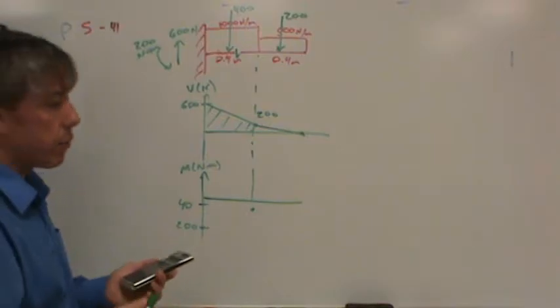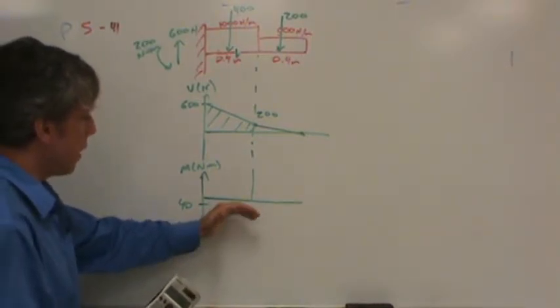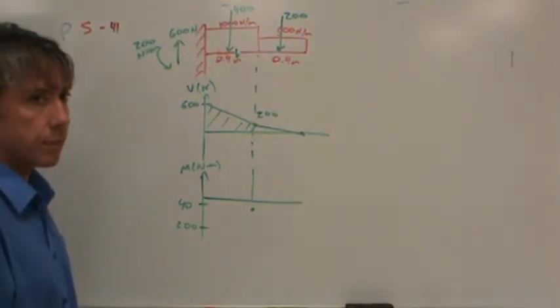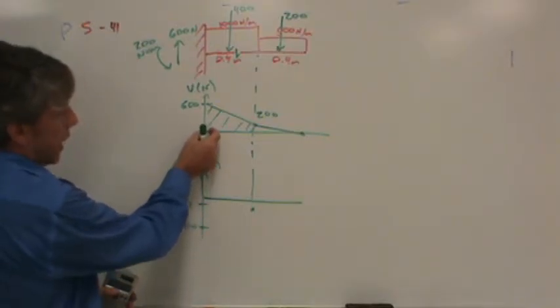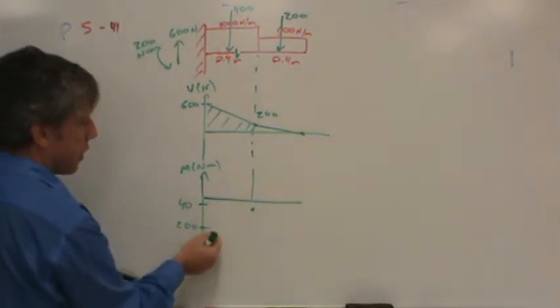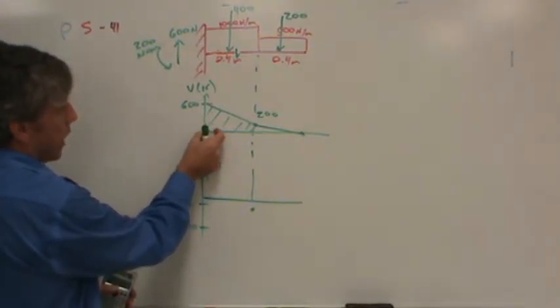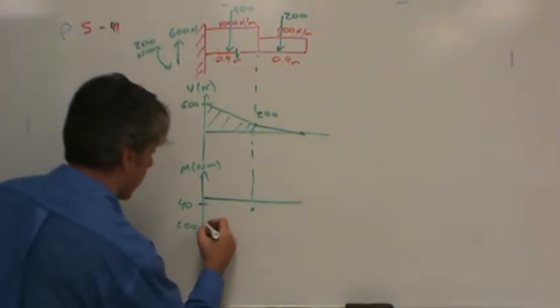It's not the value of the moment itself. Now let's ask the question, should we go concave up or concave down? Well, we started out at 200 and we're taking away from it. That's what this is doing. It's taking away from it and moving us up. But we're taking away quickly at first and then slower as we go along. Concave down, good job.